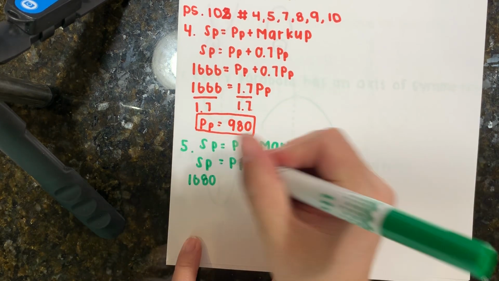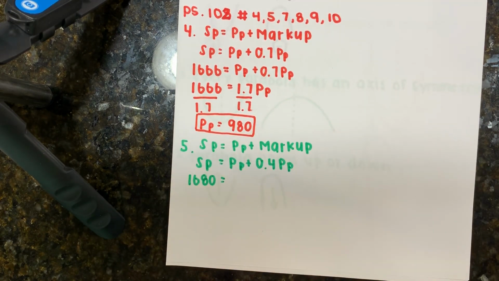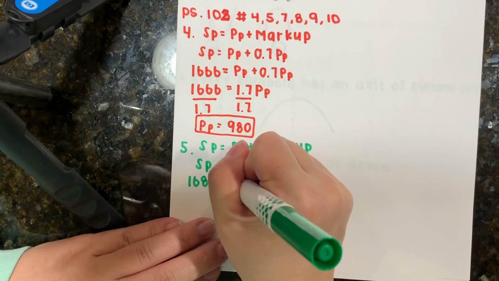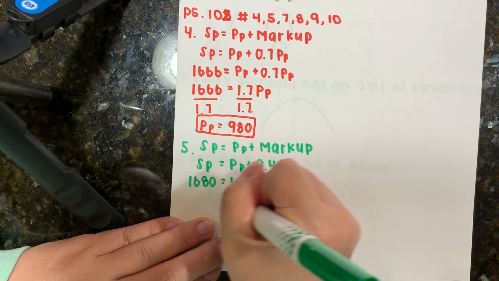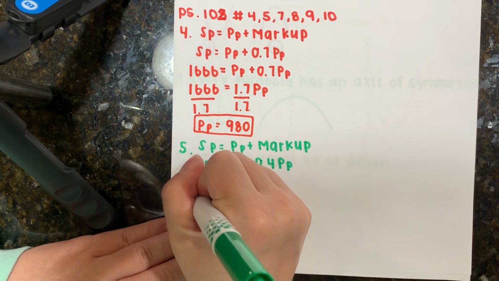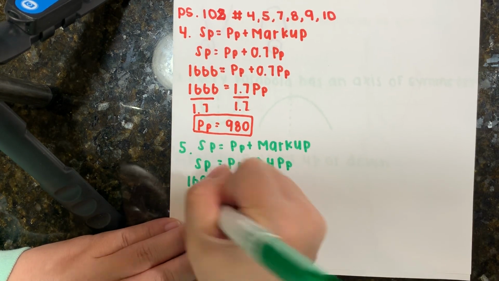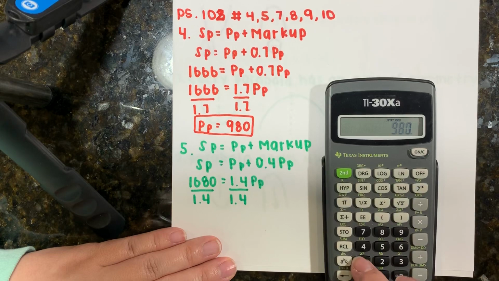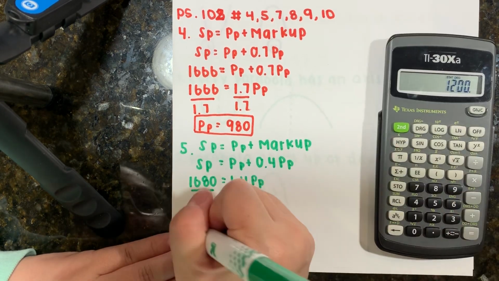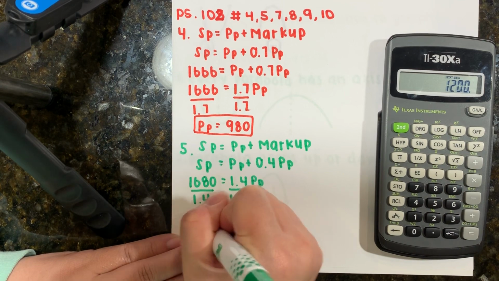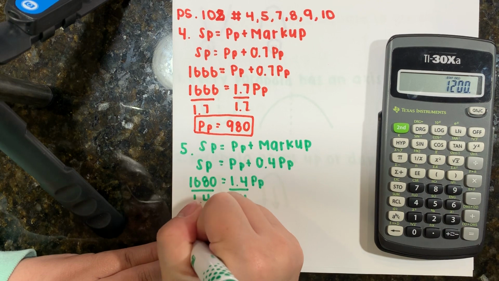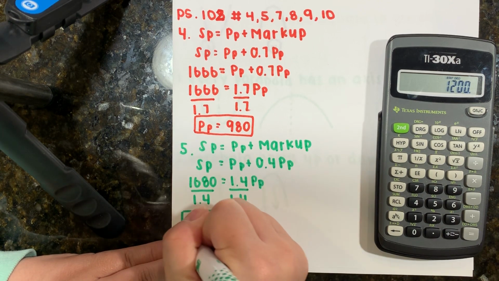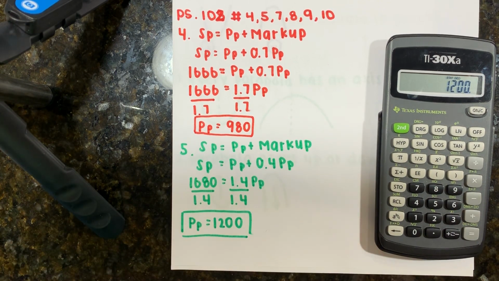Now if I add these two together, 1 pp plus 0.4 pp would be 1.4 pp. I'm going to divide both sides by 1.4. So I would do 1680 divided by 1.4, which gives me a purchase price of $1,200. And that would be your result for number 5.